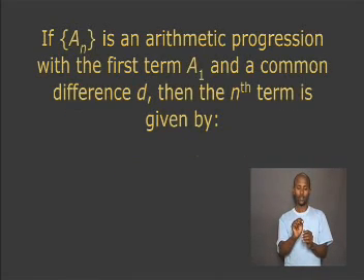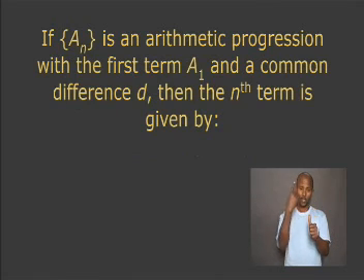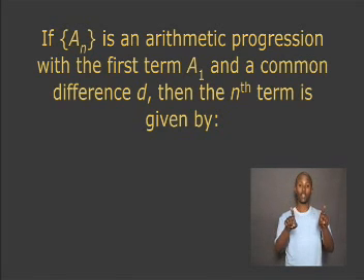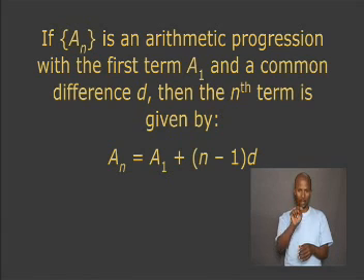If sequence AN is an arithmetic progression with the first term A1 and a common difference D, then the nth term is given by the equation AN is equal to A1 plus, in bracket, n minus 1 times D.